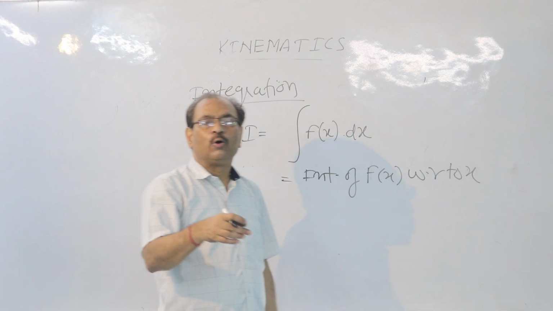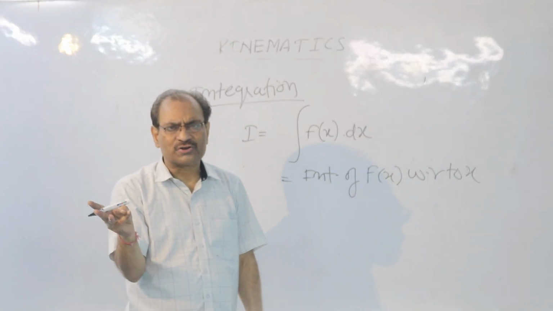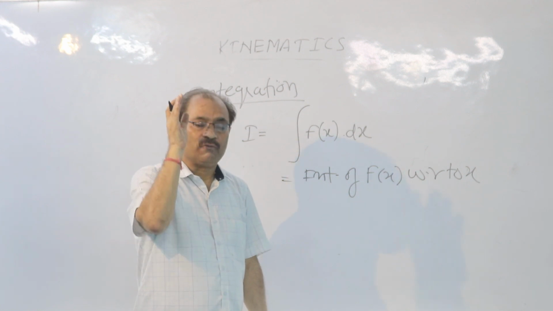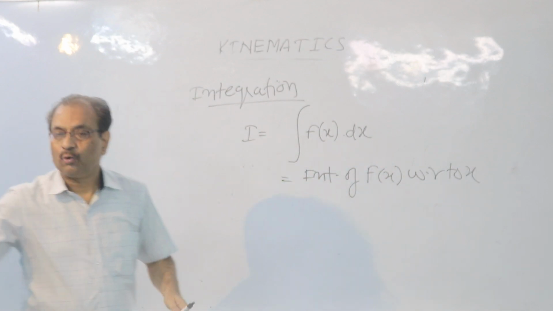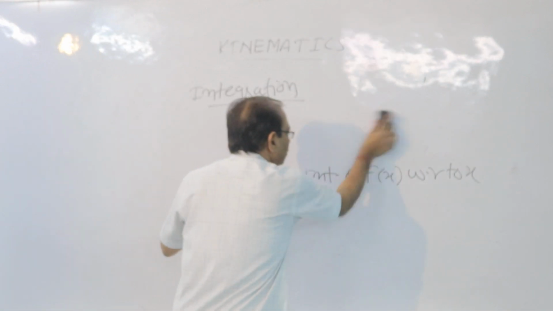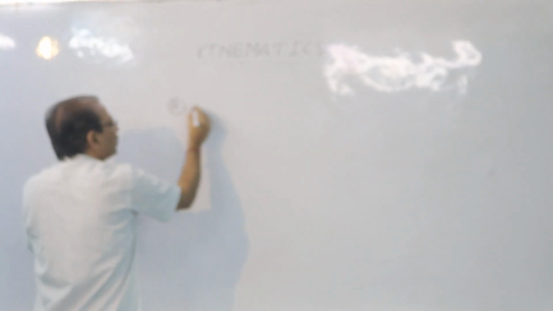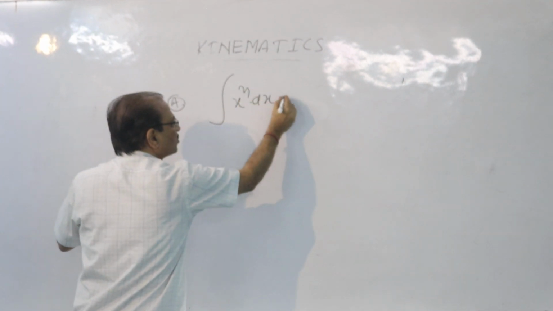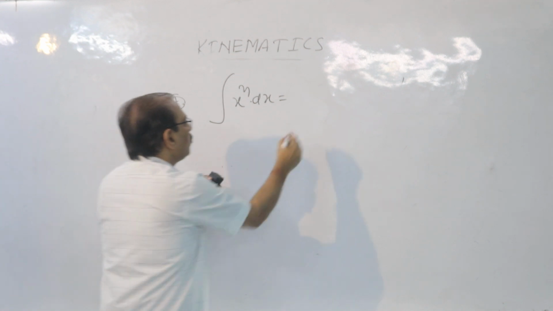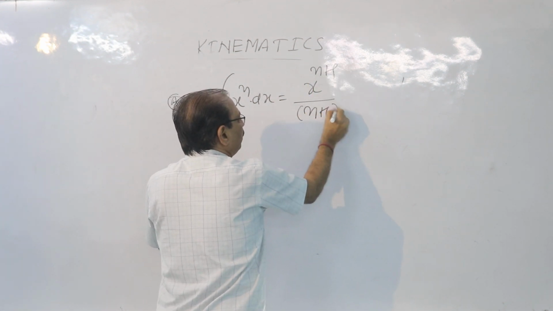Okay. Now, as we have done three basic or elementary formulae in differentiation, I am starting with three basic formulae of integration. Remember forever. So this is number A. The first formula is, if it is integration of x to the power n dx, it will be equal to x to the power n plus 1 divided by n plus 1.